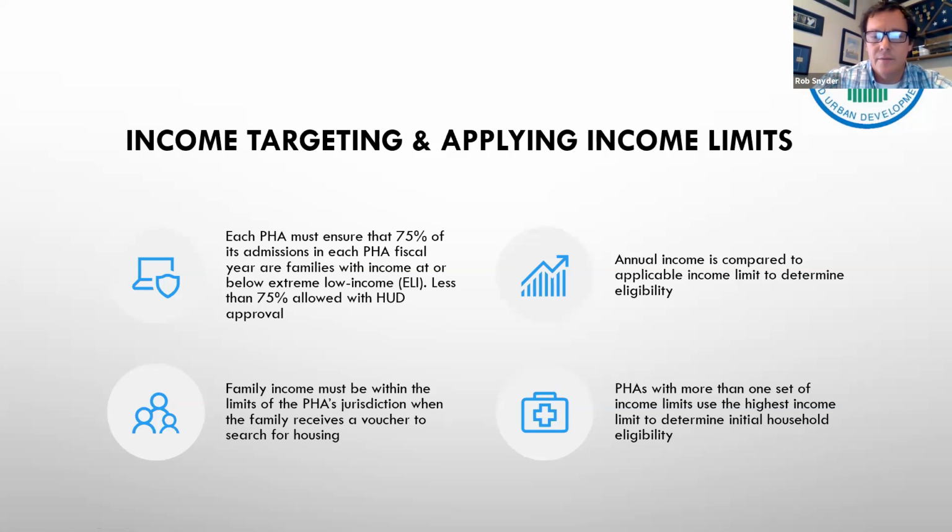Less than that, the housing authority would have to request approval from HUD. The family's annual income is compared to the limit to determine the eligibility, essentially. And then the family's income has to be within the limits of the jurisdiction when the family receives the voucher. Now, if the housing authority has more than one income limit, the housing authority is required to use the higher of the two.